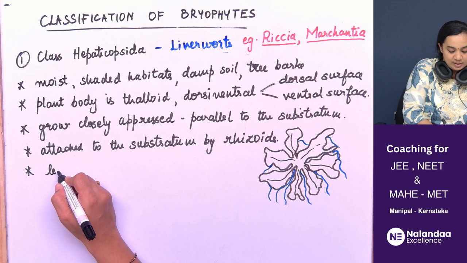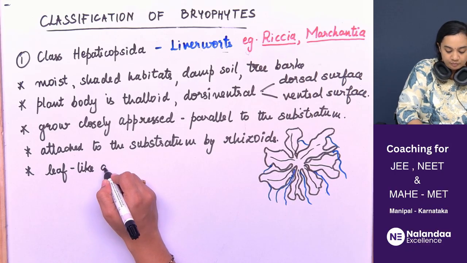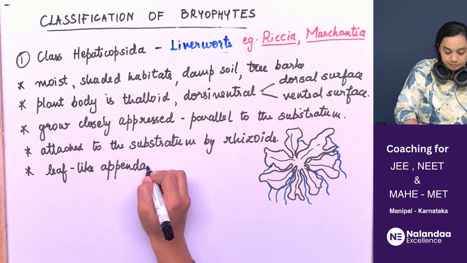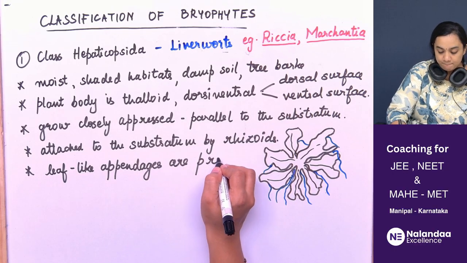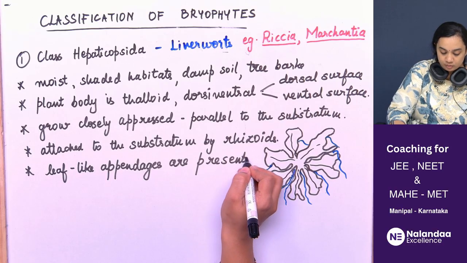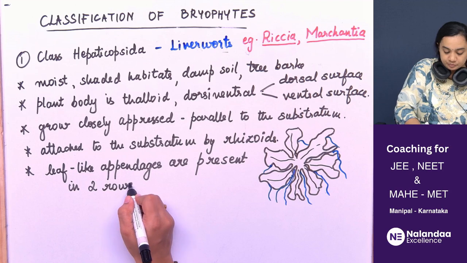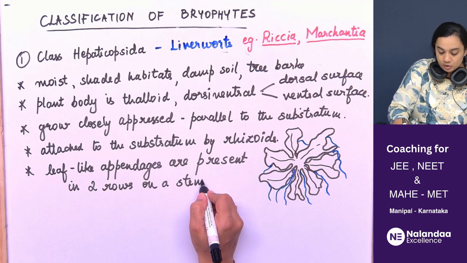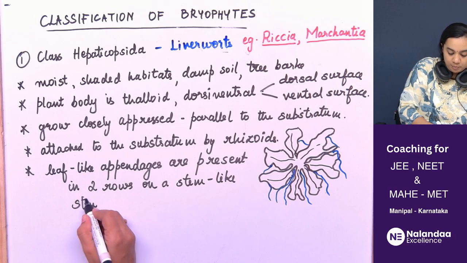Sometimes leafy members are present, with leaf-like appendages in two rows on a stem-like structure. One particular form is called Porella.